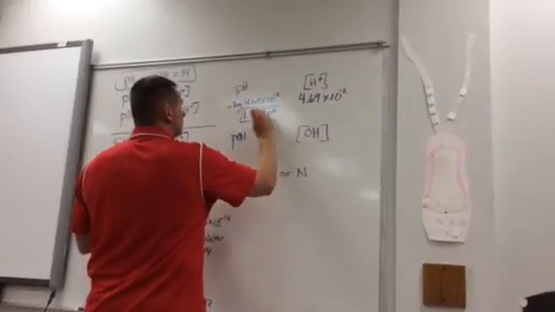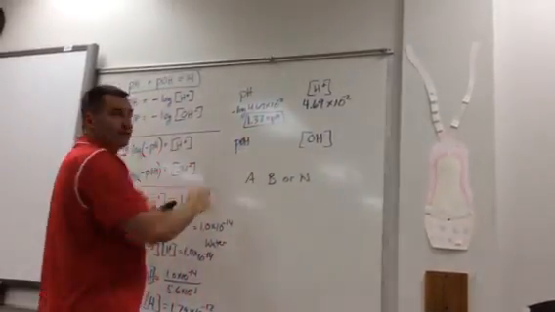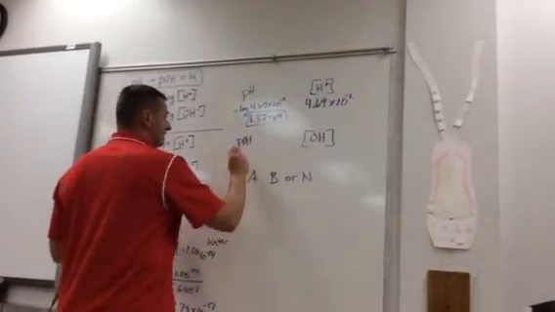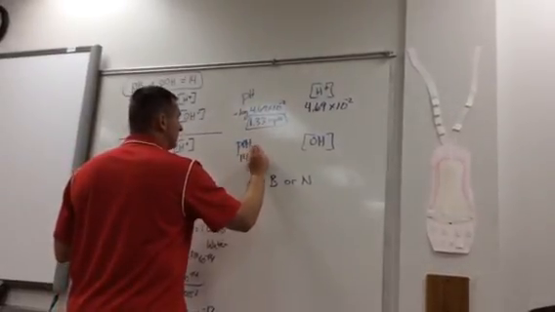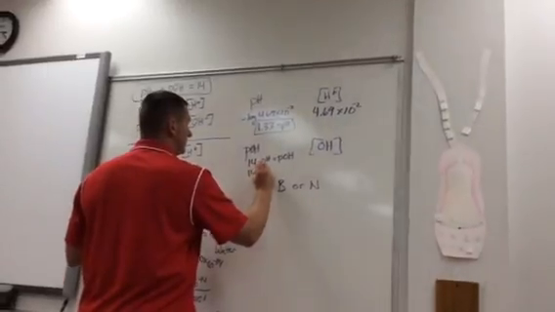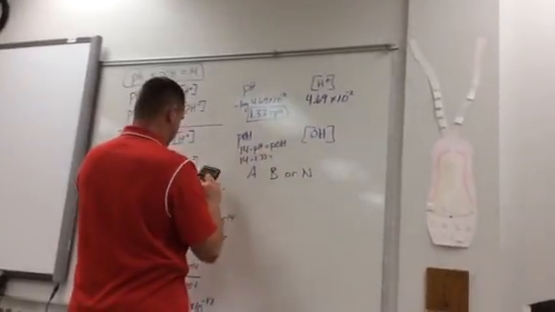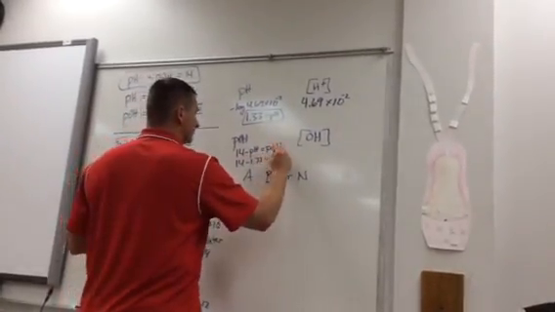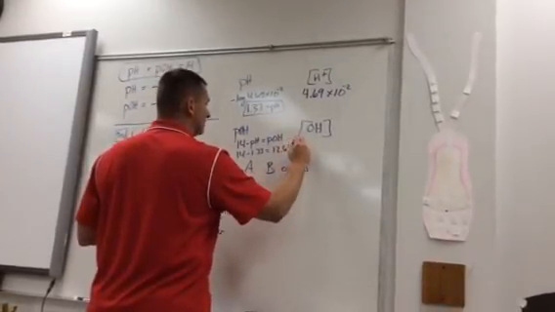If I know my pH, can I solve for my pOH? Yes. 14 minus the pH equals pOH. So 14 minus 1.33 gives me 12.67 for my pOH.